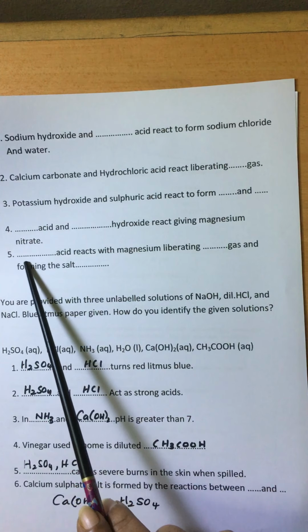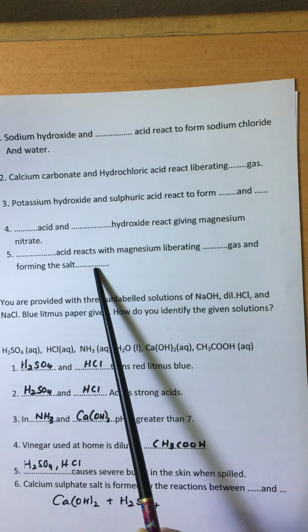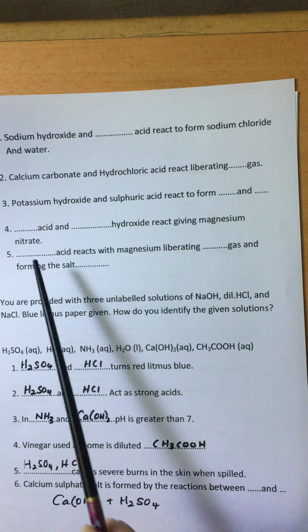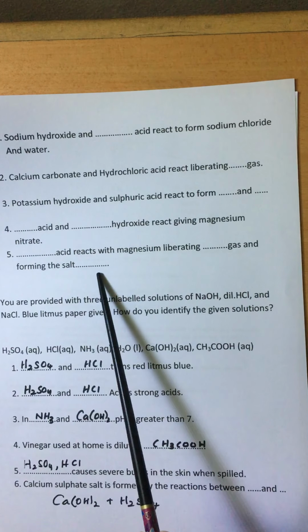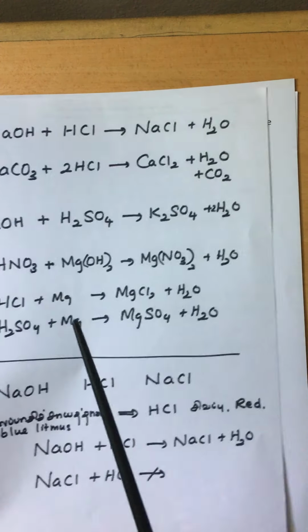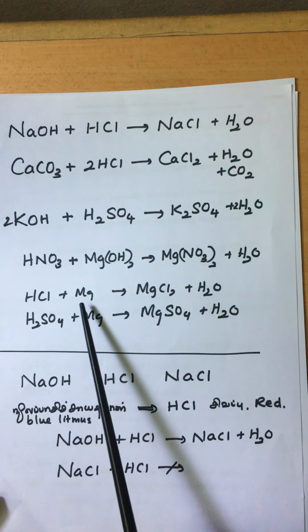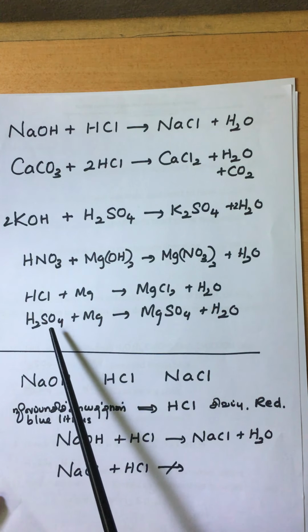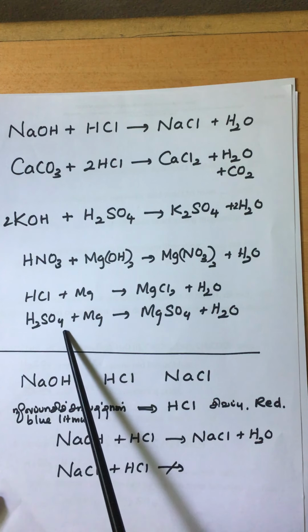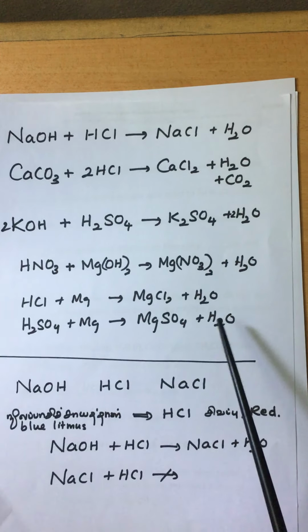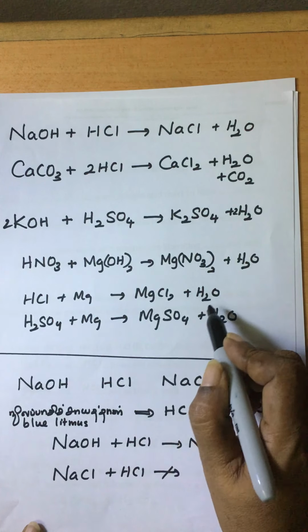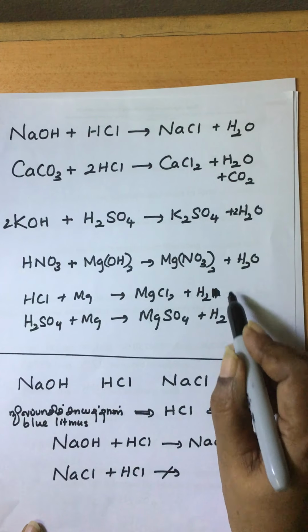If you use hydrochloric acid, you get magnesium chloride; sulfuric acid, magnesium sulfate; nitric acid, magnesium nitrate. Like that you get the salt. Here there is no water; the gas is hydrogen gas.